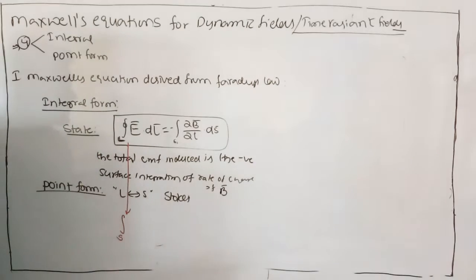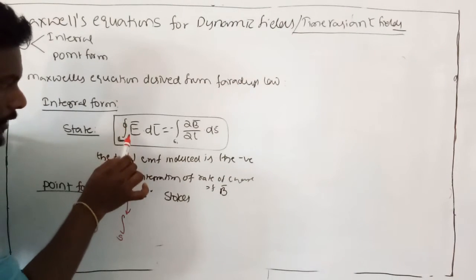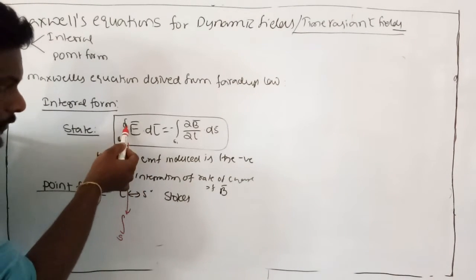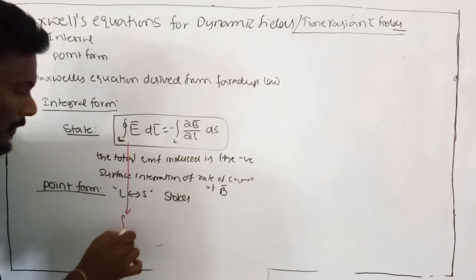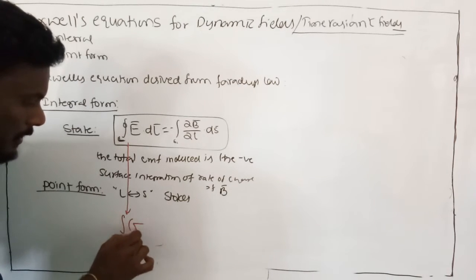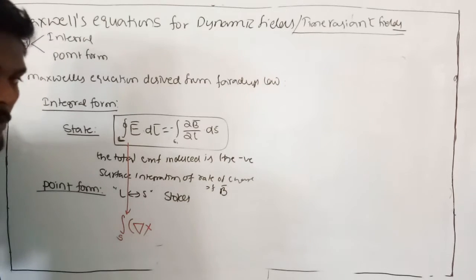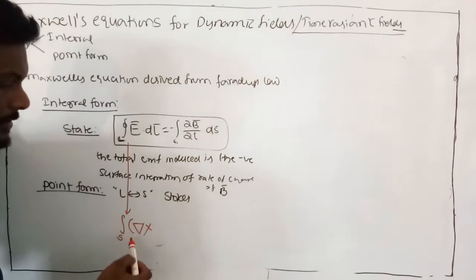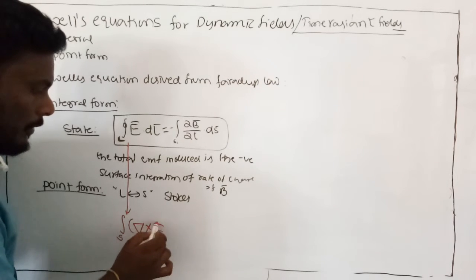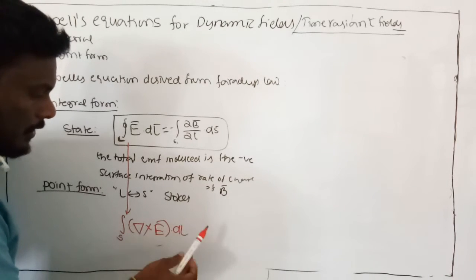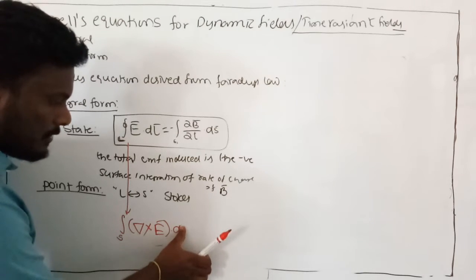So in place of line integration, write the surface integration, and in addition you should represent the curl operation. Curl means del cross, divergence means del dot, as I already told you. So del cross E bar ds bar. Now see here you should write ds bar, not dl bar.